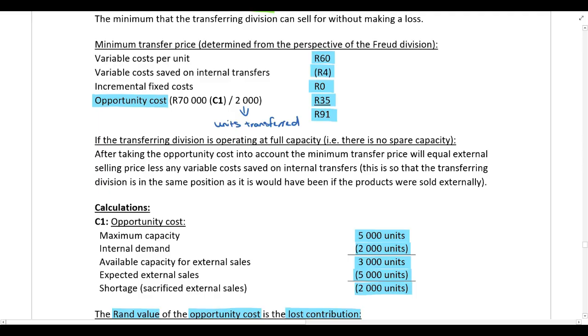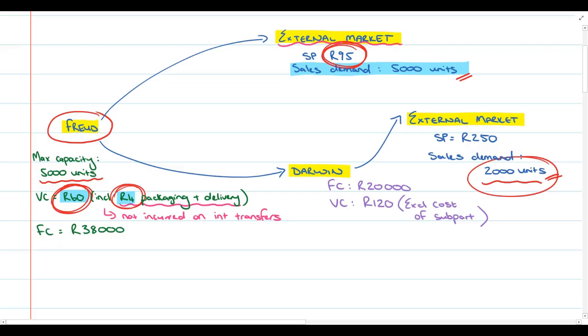Now, the reason why I've included this in your lecture notes is to show you if the transferring division is operating at full capacity. So the Freud division has a maximum capacity of 5,000 units and they can sell 5,000 units externally. So they are currently operating at maximum capacity and they don't have any spare capacity.